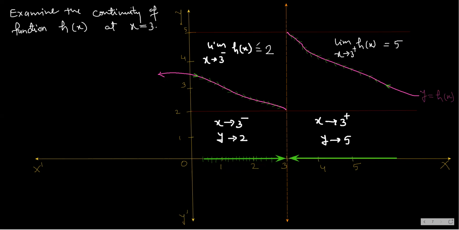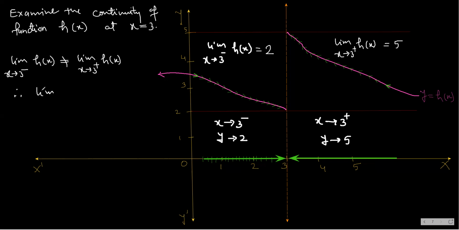Now what we have, the left hand limit and the right hand limit, they are not equal. See, for the first time, the left hand limit and the right hand limit are not equal. So here we will write limit of h of x when x tends to 3 negative is not equal to limit of h of x when x tends to 3 positive.